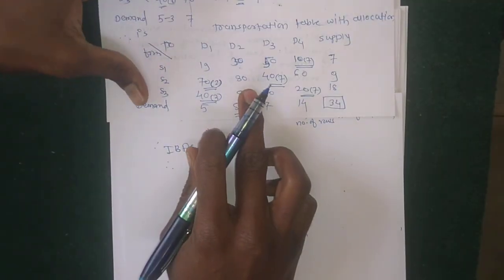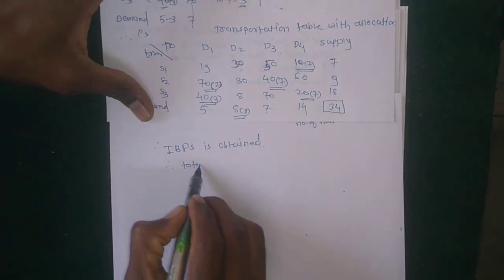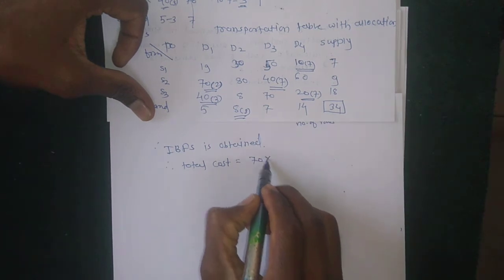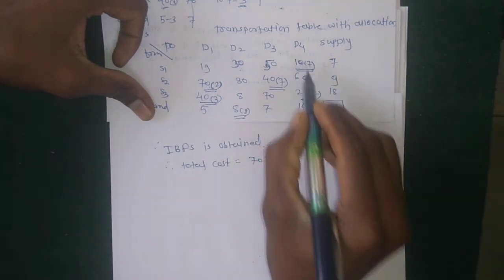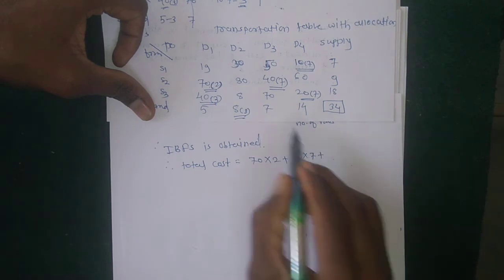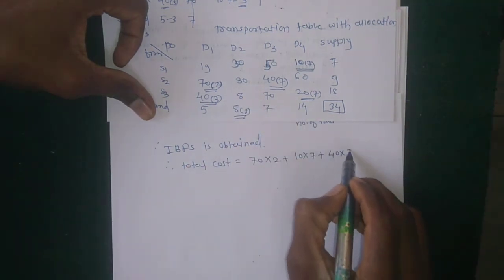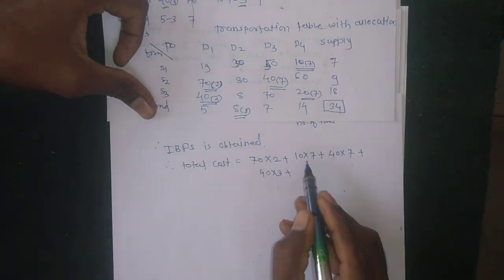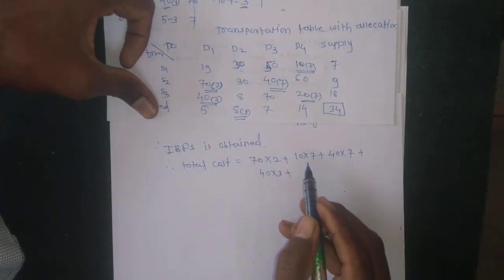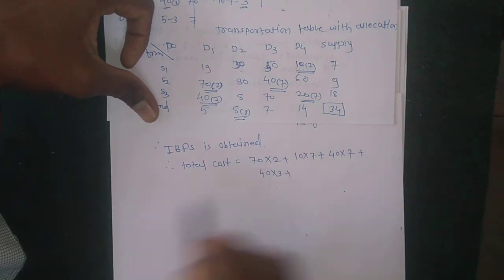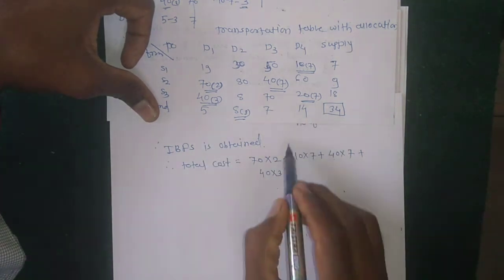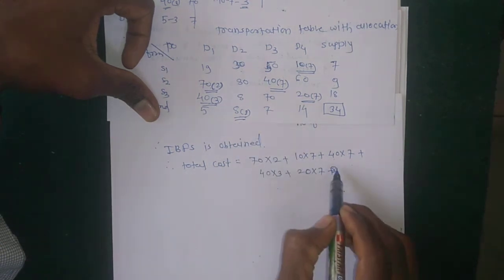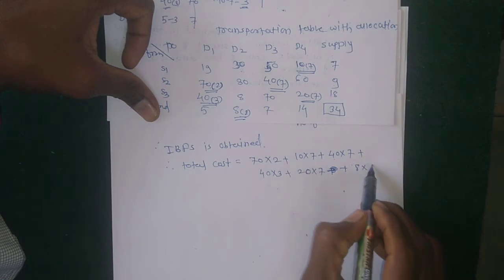Therefore total cost is equal to 70 into 2 plus 10 into 7 plus 40 into 7 plus this 40 into 3, then the remaining 20 into 7 plus 8 into 8.